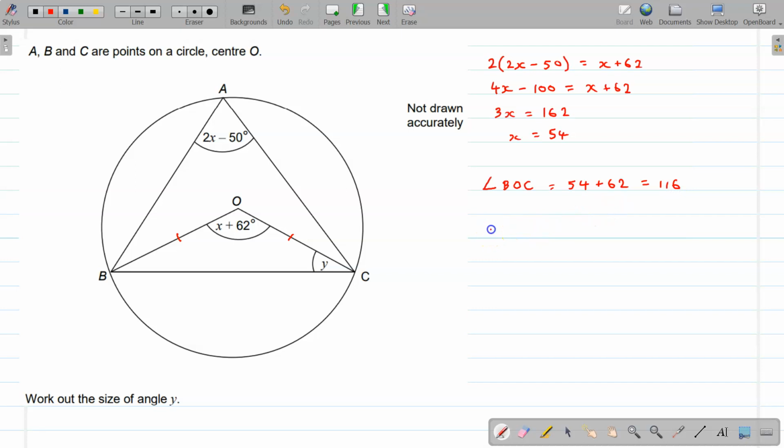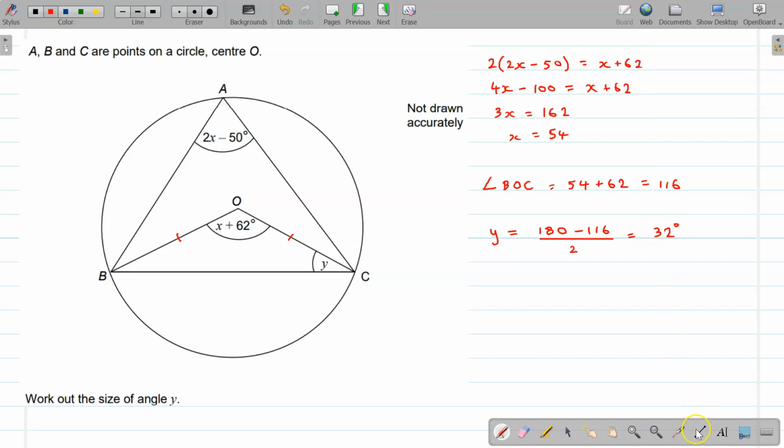And then the angle Y is going to be a half of 180 take away 116, because it's an isosceles triangle, so the remaining angle has to be shared into 2, and that comes out to be half of 64, which is 32 degrees.